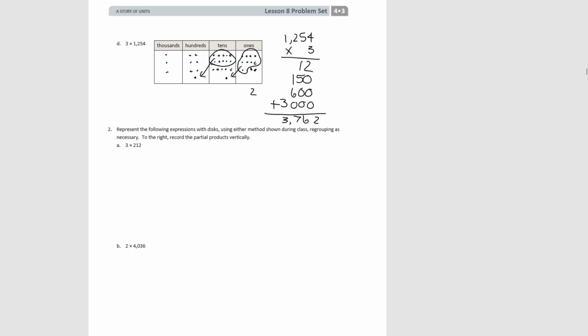We have 6 tens, which is 60. We have 7 hundreds, which is 700. And we have 3 thousands, which is 3,000. If we add them together, 3,000 plus 700 plus 60 plus 2, we get 3,762. Okay, let's go on to number 2.